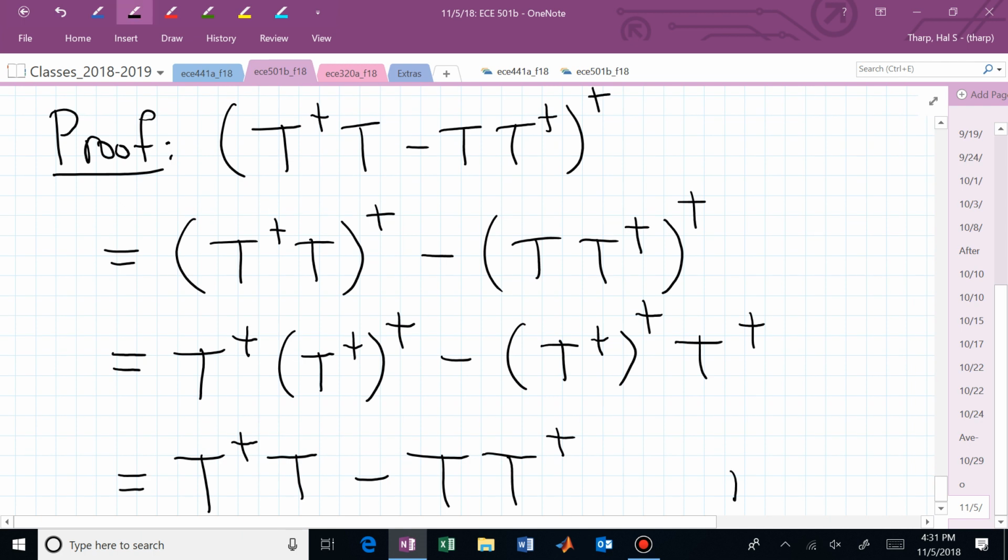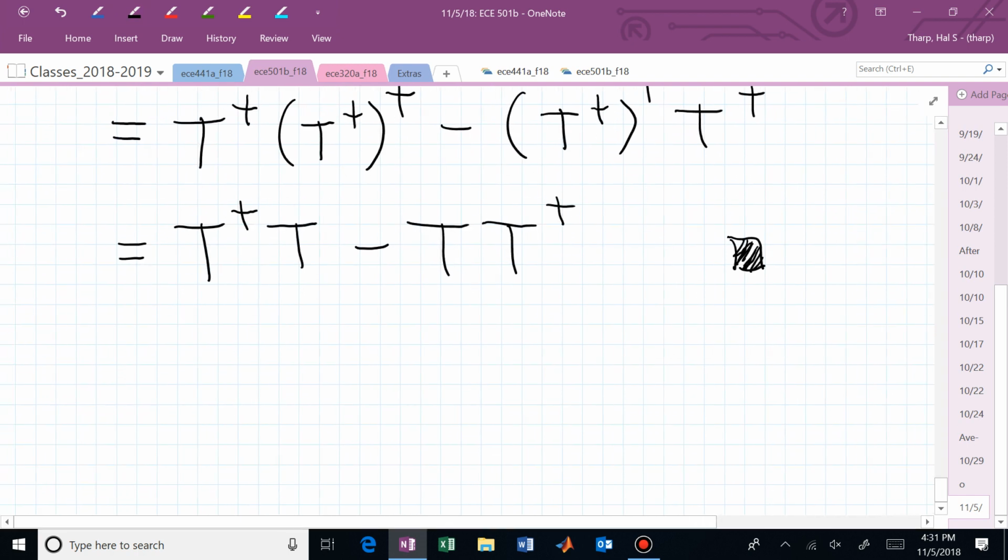So that particular operator is self-adjoint. Whether it's the zero map or not depends on what? If T is normal, then it's the zero map. That really pushes things to nowhere, doesn't it? To the zero vector.